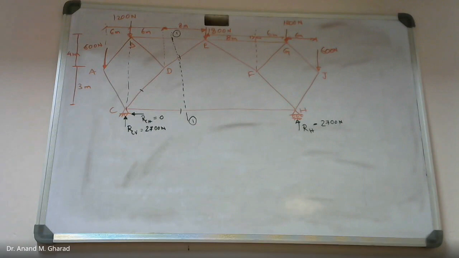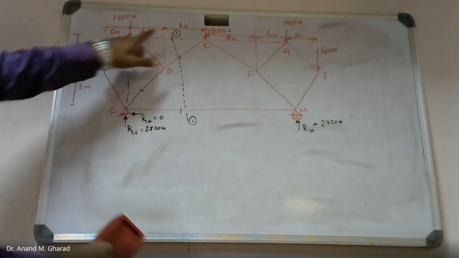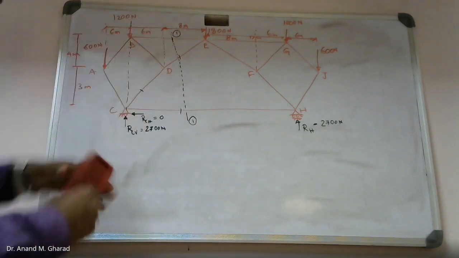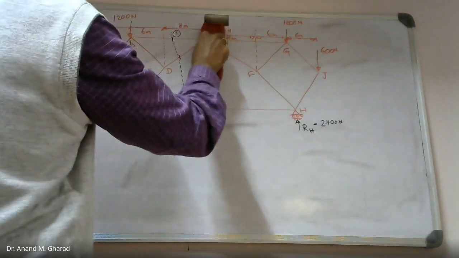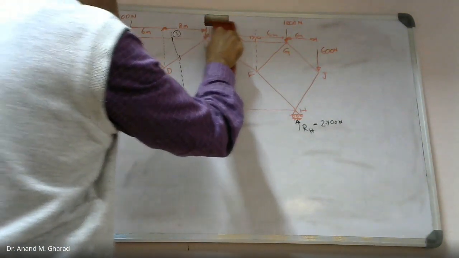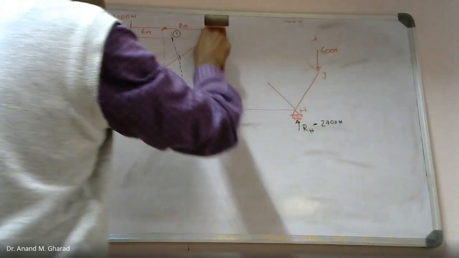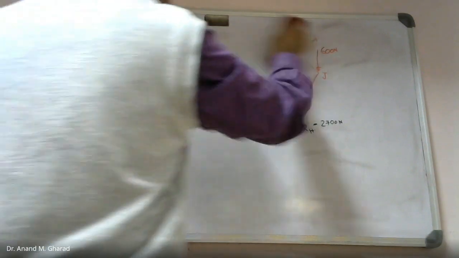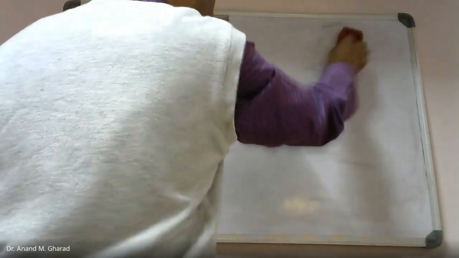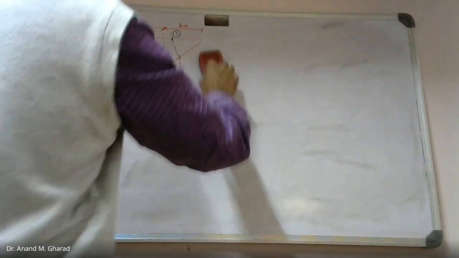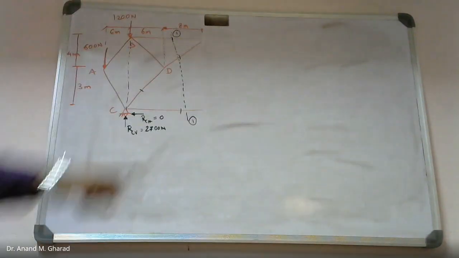It will be convenient, first of all, to draw the free body diagram, and secondly, to identify the member forces. So I will remove this portion. No need of this. This will be the part.